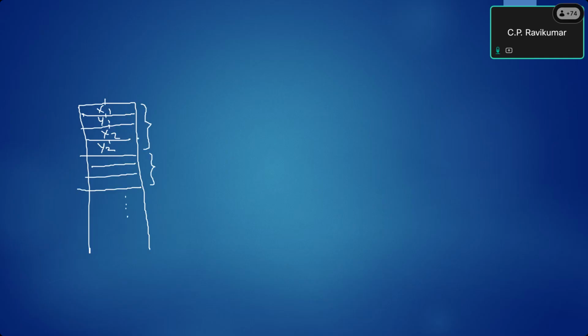So from here we have to fetch two pairs of points, right, and feed it to a pipeline. Okay. So there are possibly two subtractors, right? And x1 and x2 must be fed here, and y1 and y2 must be fed here.